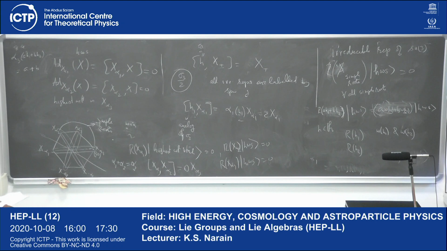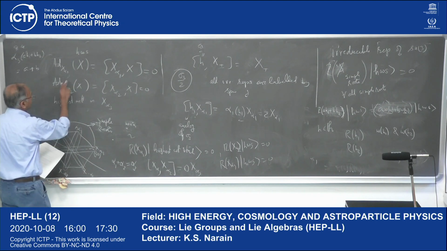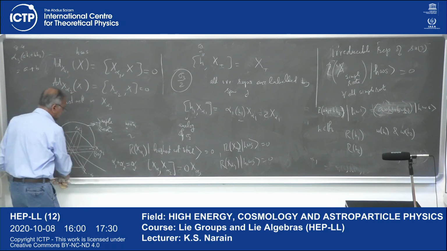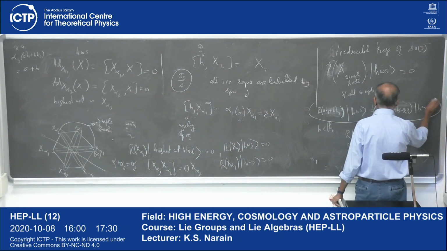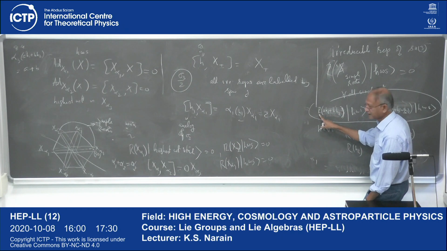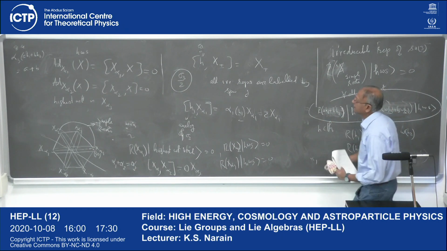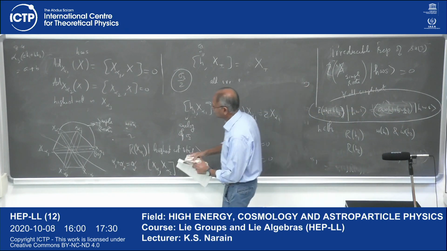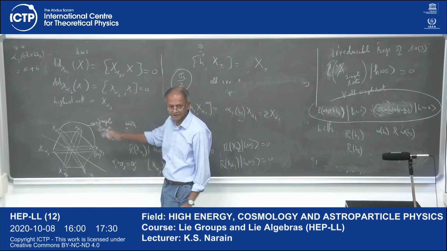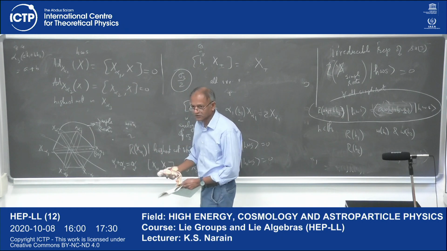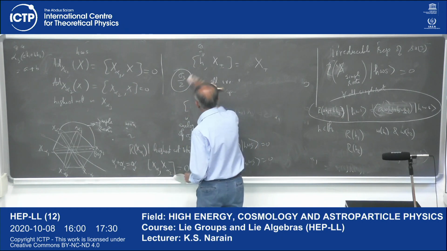What was this alpha? The question now is that we are looking at this equation, but not for an arbitrary representation, only for the adjoint representation. We have also identified the highest weight state, which is x alpha 3. So we just want to find the eigenvalues with respect to H1 and H2.